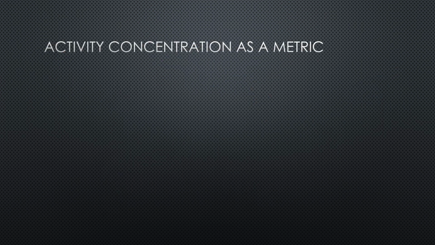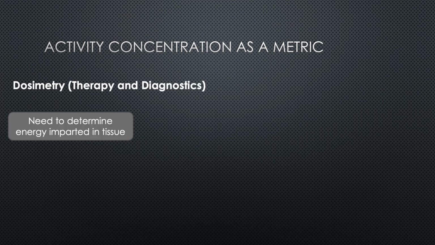Activity concentration is a starting point for many quantitative metrics such as kinetic analysis or measurement of SUV, but is also an important measure in its own right in the area of dosimetry, mainly for therapy, but also for diagnostics. In dosimetry, we need to determine the energy imparted in tissue.